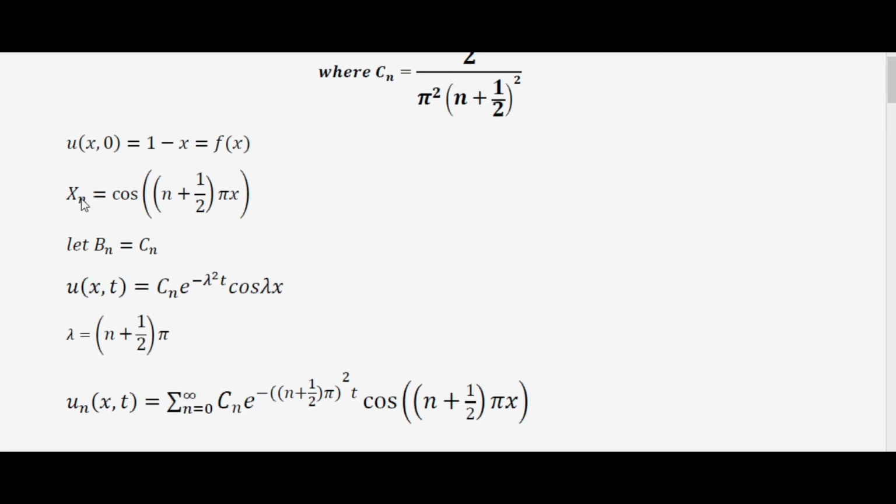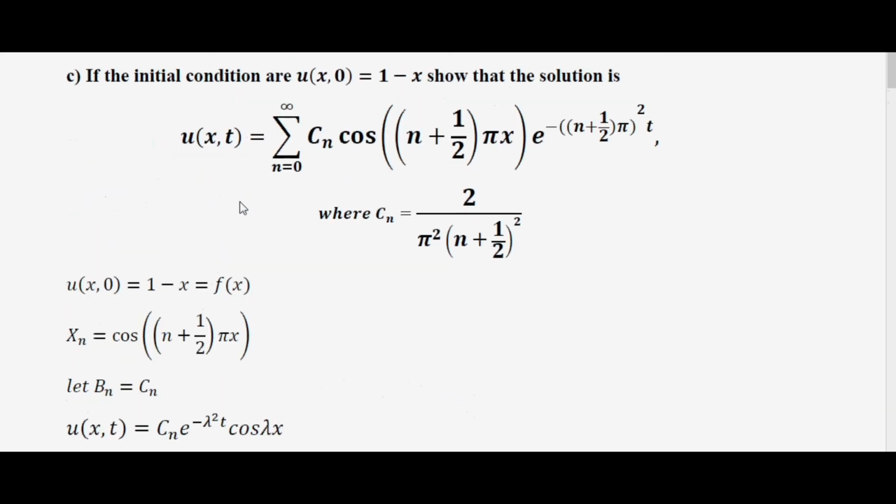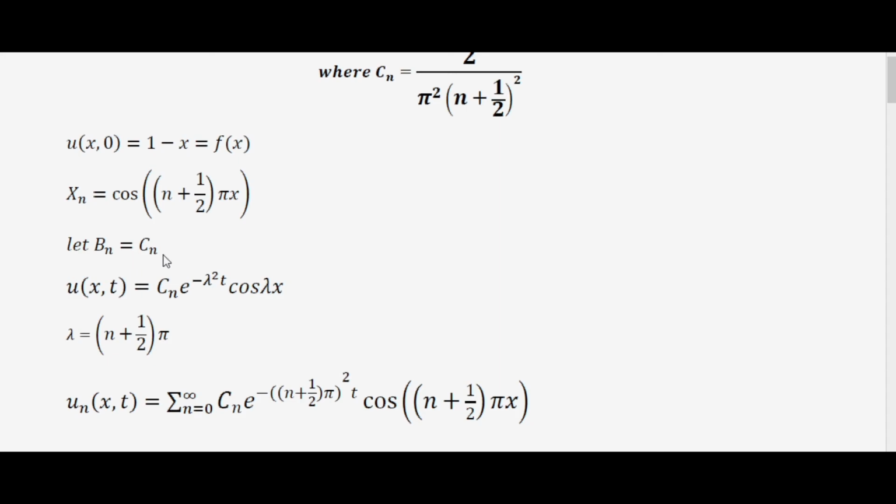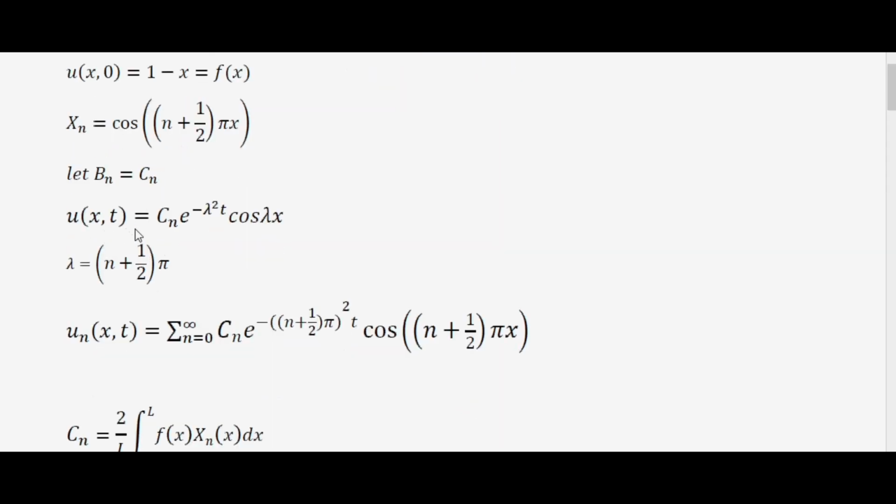So for the previous solution, we got Xn(x) equal to cos((n + 1/2)πx). Okay, for solving this, let bn equal to cn, u(x,t) equal to cn e^(-λ²t) cos(λx), where λ equal to (n + 1/2)π.